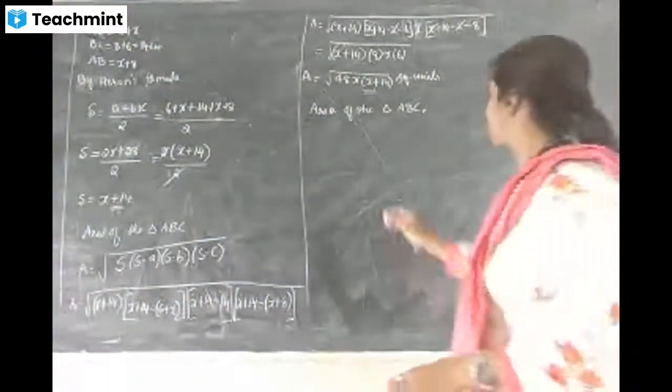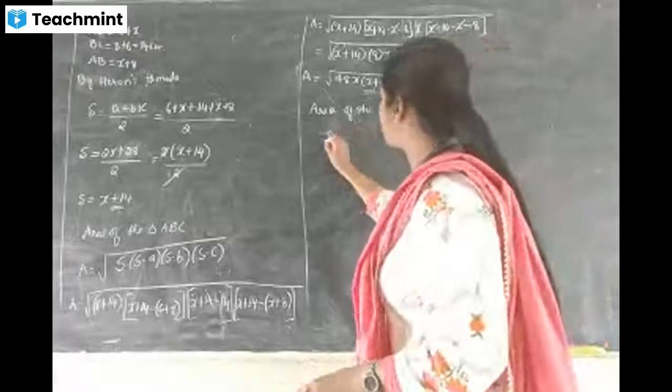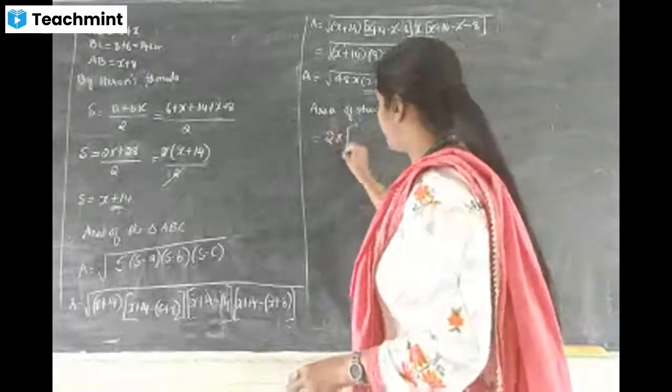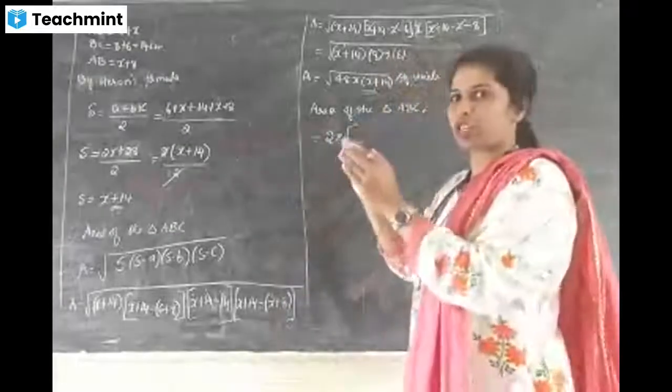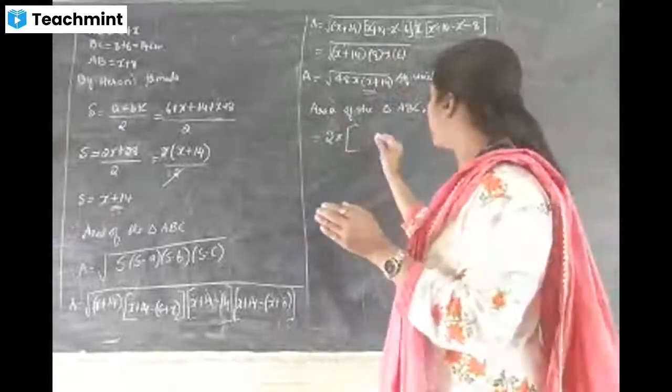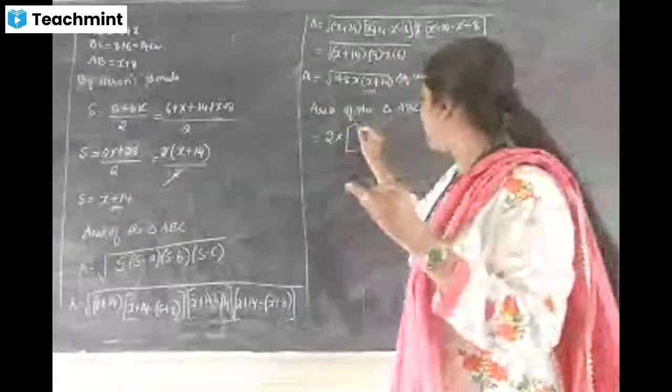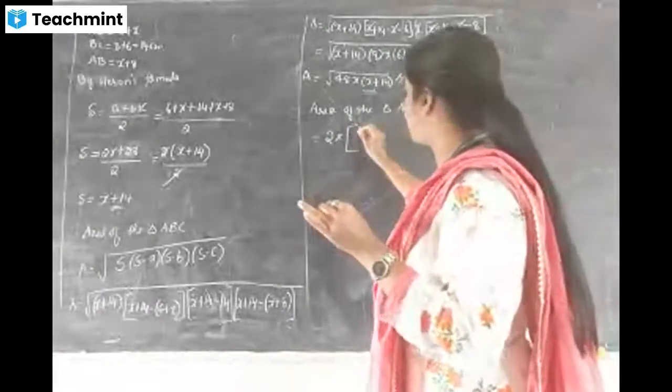Okay. Area: 2 into, completely I will take the 2 out because the 3 triangles also contain 2. 2 into area of triangle is half into base into height. Which area will we write?